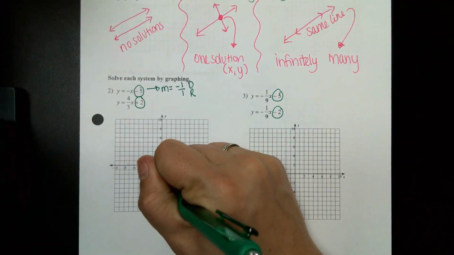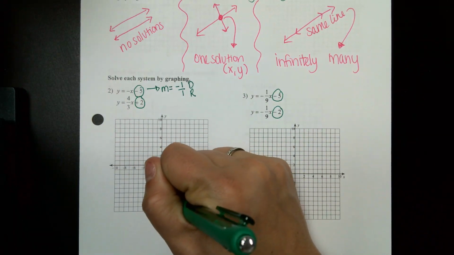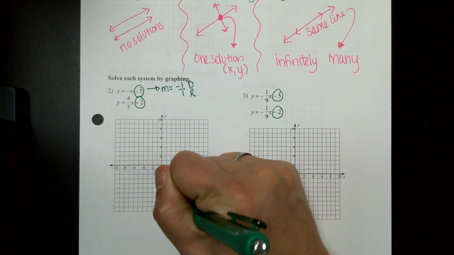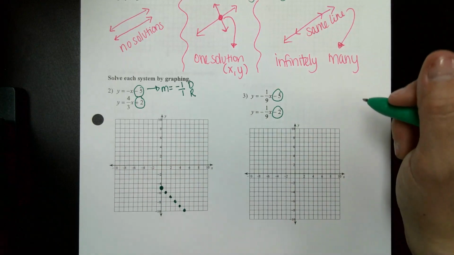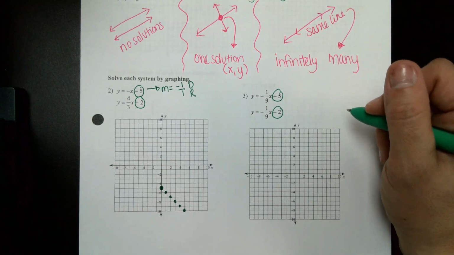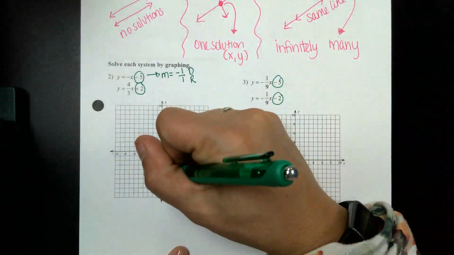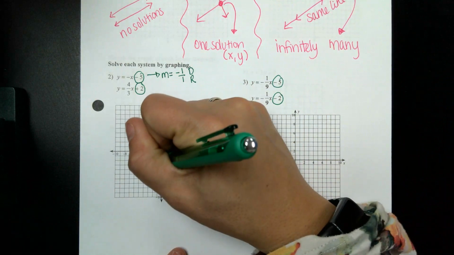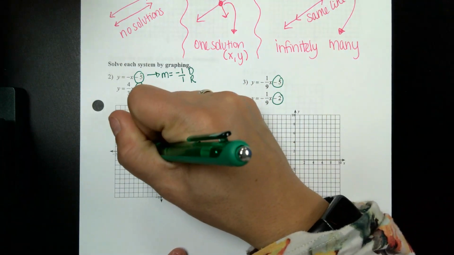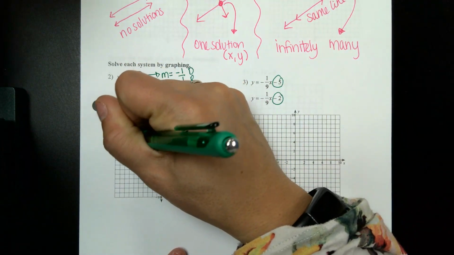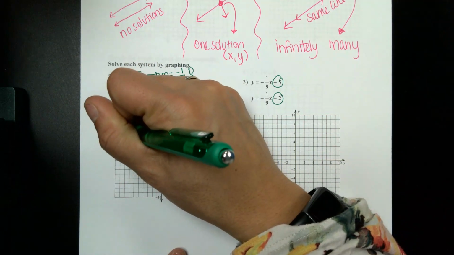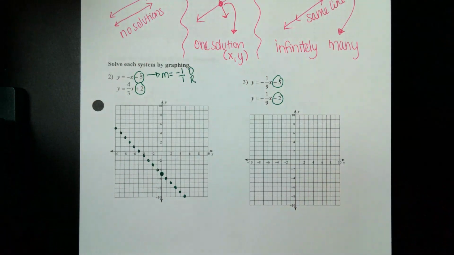So you're going to go down 1, right 1, as many times as you can, which is quite a bit. But then I always expect you guys to switch directions and go the other way. So instead of down right, I'm going to go back to where I started and go up left. And there are lots of points that way. And once you have those plotted, you want to go ahead and connect them.